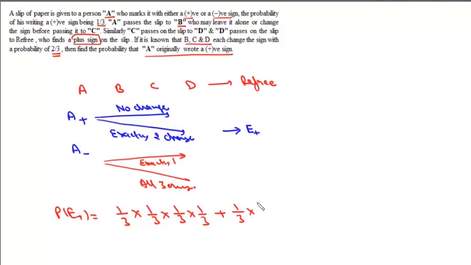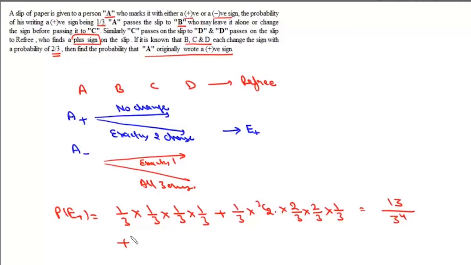So which 2? It will be 3C2, and then if 2 of them change, it will be 2 by 3 into 2 by 3 and then into 1 by 3. Now this is 3 to the power 4, and here it is 3, 12 and 13. So this probability is 13 upon 3 to the power 4.